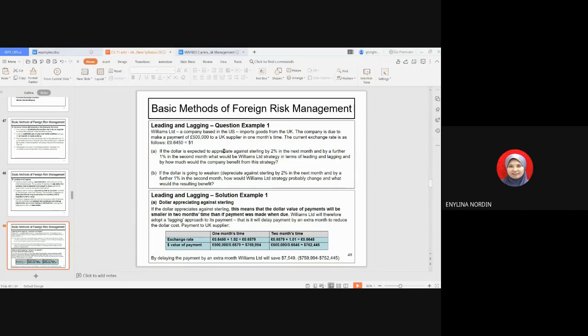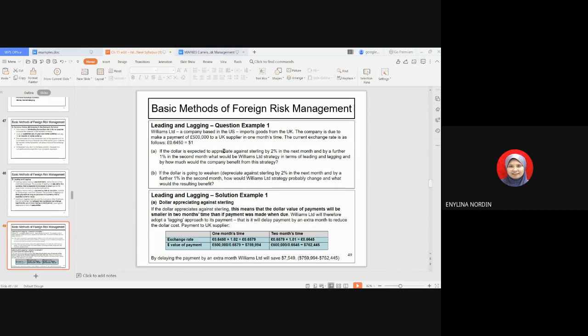So what does it mean? If the dollar is predicted to appreciate, as I mentioned earlier, the pound sterling is going to depreciate. So the US company is going to pay in pound, which is expected to depreciate, correct? The pound is depreciating in 2 months' time, and then there will be less dollar to be converted into pound.